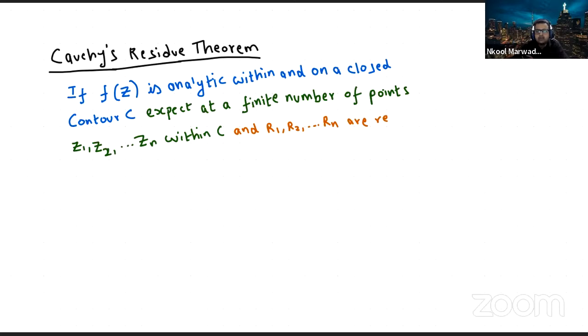So two terms I will get, coefficient of A and coefficient of B, like 1 by something. So the first coefficient B is the residue, which we have already discussed in earlier concepts. So R1, R2, Rn are residues of f(z) at z1, z2, zn respectively.